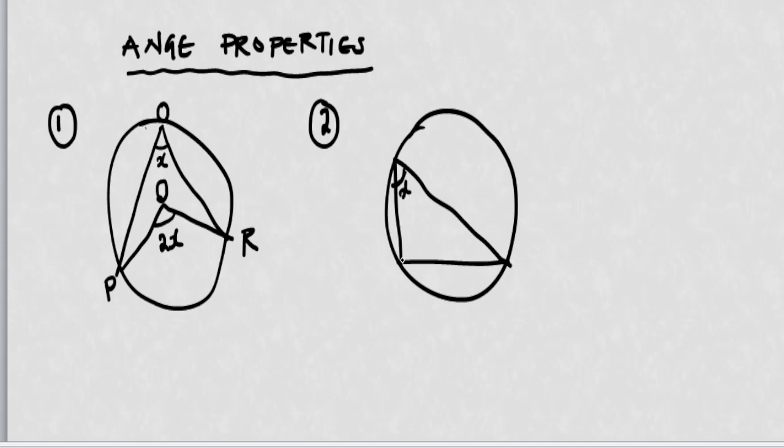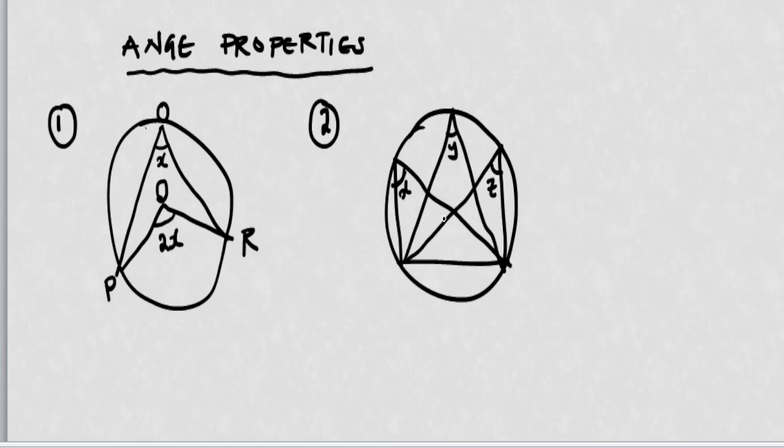Then we have another angle from the same segment going in that way and that way. Suppose we say this is angle y, and suppose there is another angle going in that direction and like that. This is called angle z.